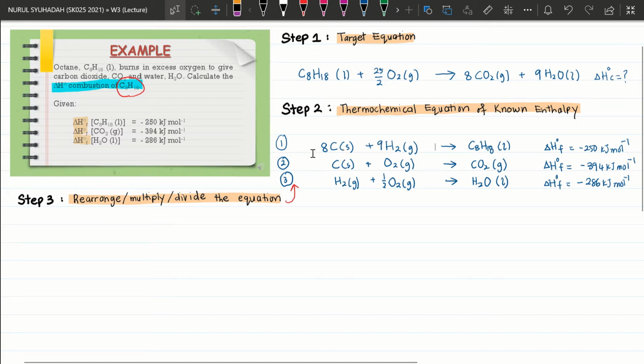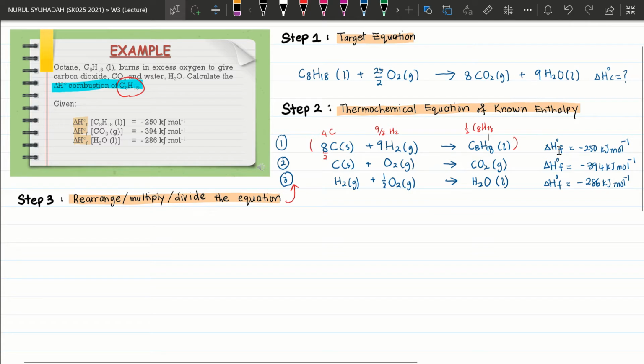If, let's say, I divide equation 1 all by 2, I will get 4 carbon and 9 over 2 hydrogens and then 1 over 2 C8H18. So what will happen to my ΔHf here?